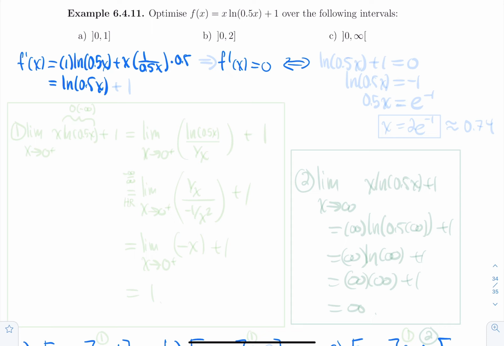I forgot to say that the plus 1 goes to 0, and then you're just going to get plus 1. So ln of 0.5x plus 1 is the first derivative, so now we're looking for critical points.